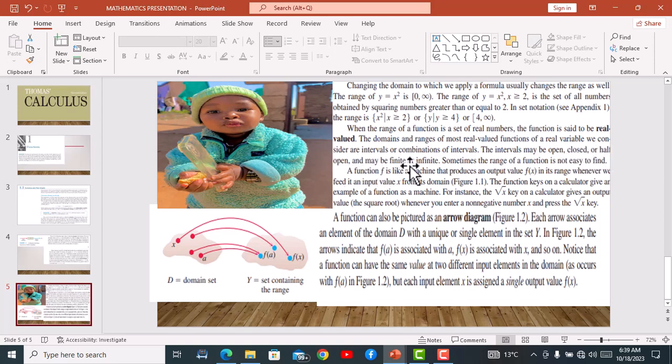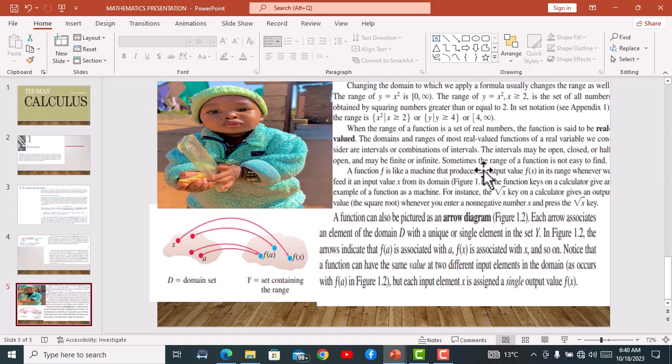The intervals may be open, closed, or half open, and may be finite or infinite. As you can see here, we have a closed and an open interval, but we will deal with this later. This deals with the domain and the range, more especially in a graphical representation. We can look at this, but I think we will have some time to do that, so let me not go deeper into this.